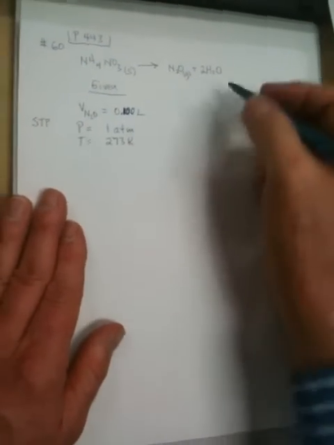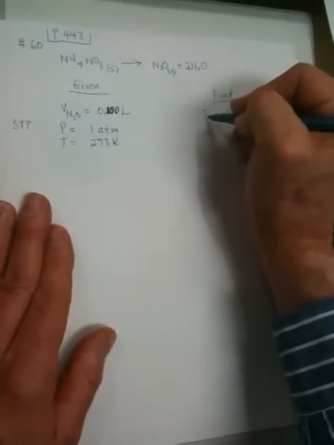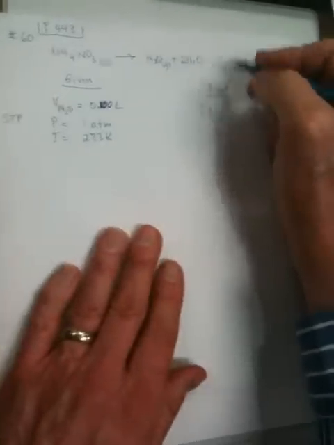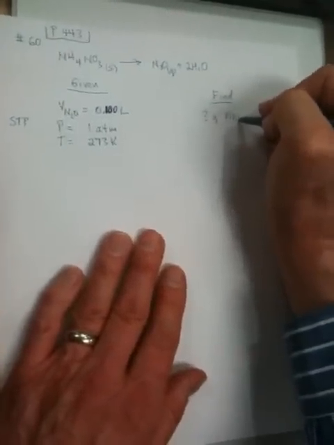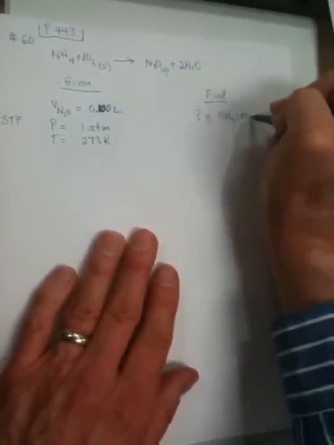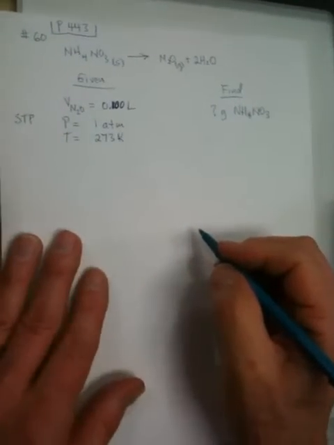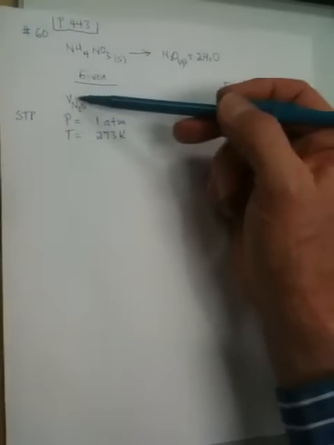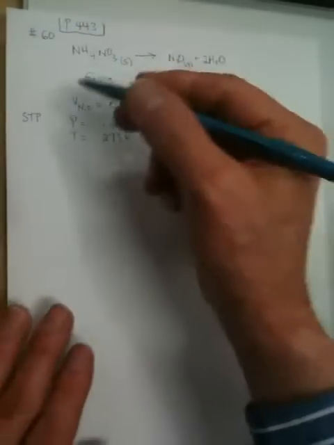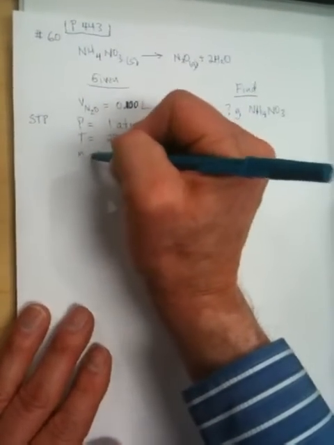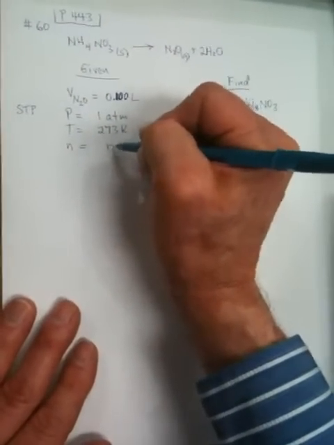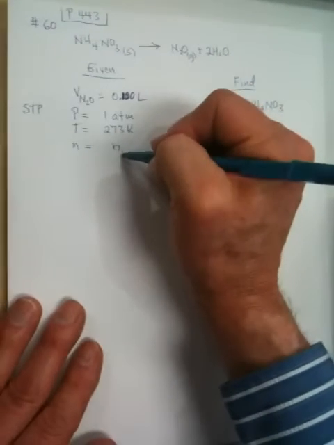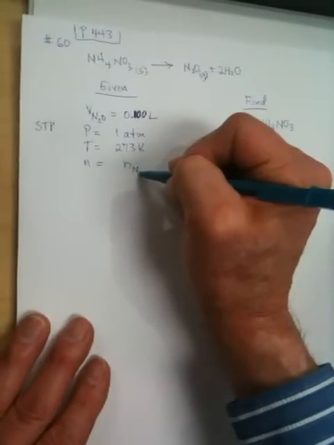And now we are asked to find how many grams of ammonium nitrate, NH4NO3, we have. So we have a volume, a pressure, and a temperature, and what we want to do is find the number of moles of N2O.